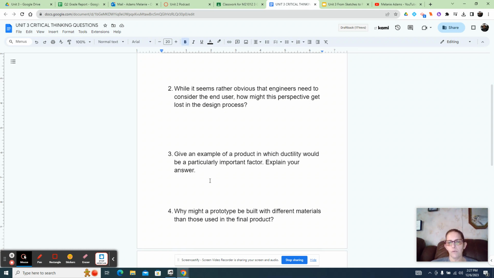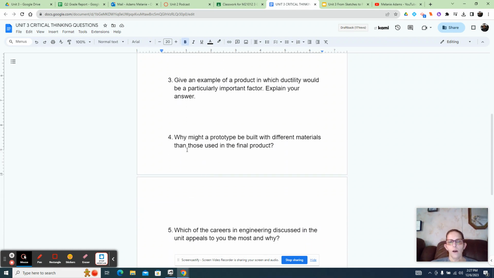Okay, so explain that. Why might a prototype be built with different materials than those used in the final product? So would it be cheaper to build a prototype with cardboard than using metal? Yes. Like, I'm going to build my final product with metal, but I'm not going to build my prototype in metal because that's going to cost me money, right? I mean, think about that.